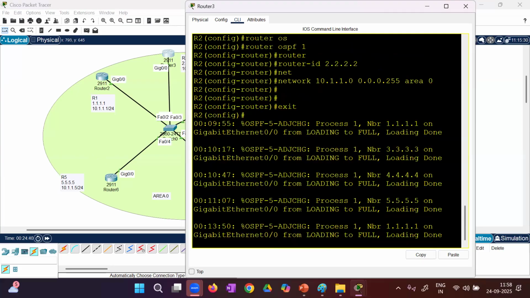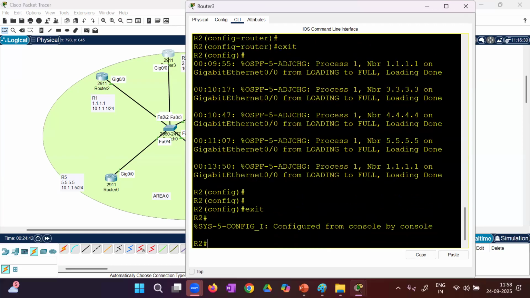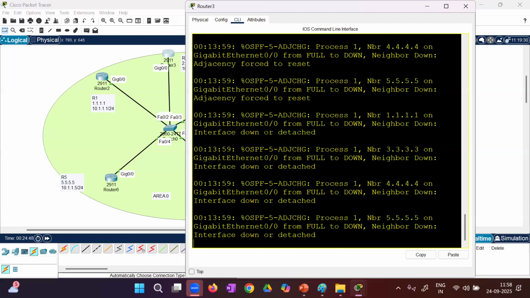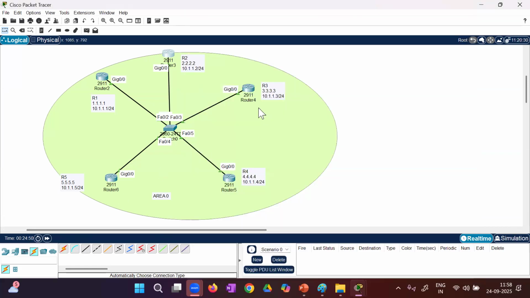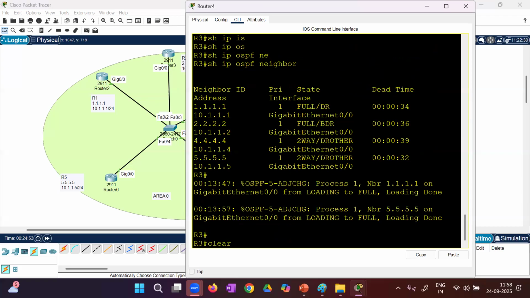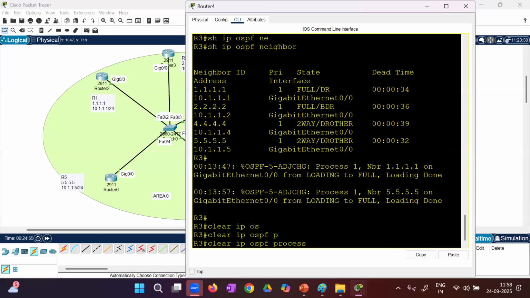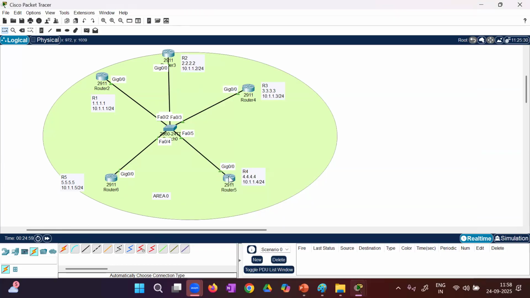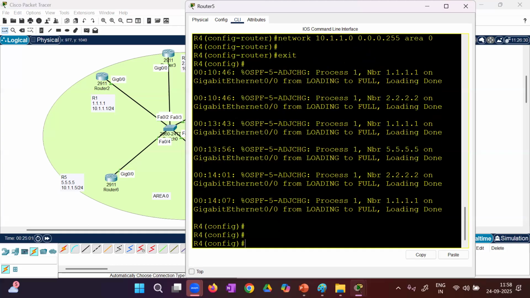So we need to do it on all the routers. Clear ip ospf process, yes. Next, clear ip ospf process, yes. At least we have to do it on the routers that have to become DR or BDR.